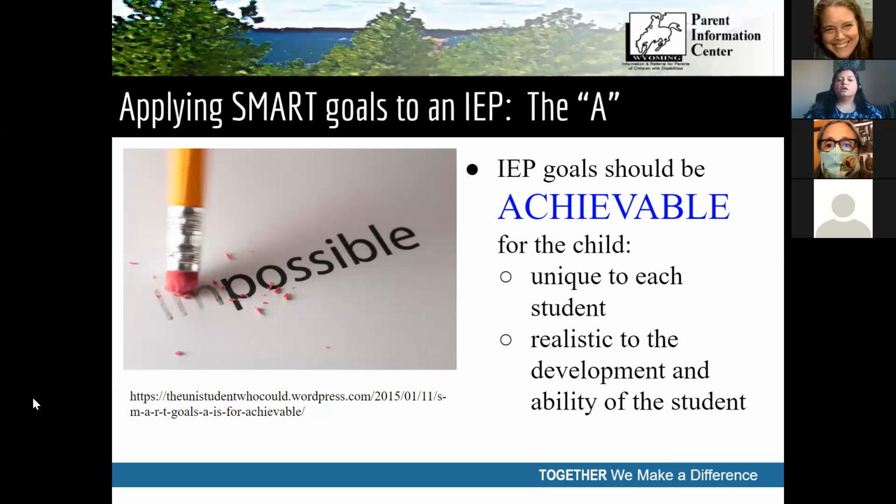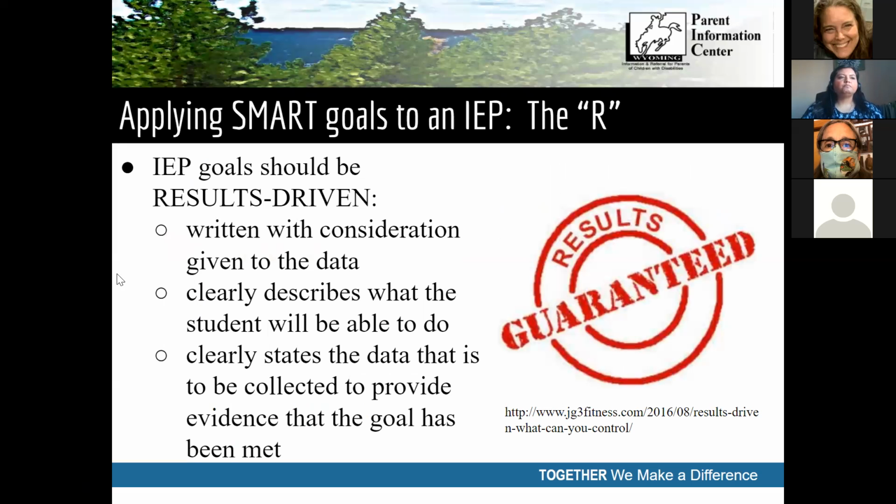Writing a goal for a child who has an intellectual disability that asks them to solve the quadratic equation in algebra is probably really unrealistic. That child may never be able to do that. So you want your goals to be achievable. You want your child to be able to realize that they're making some progress towards that goal. So achievable, realistic to the child.